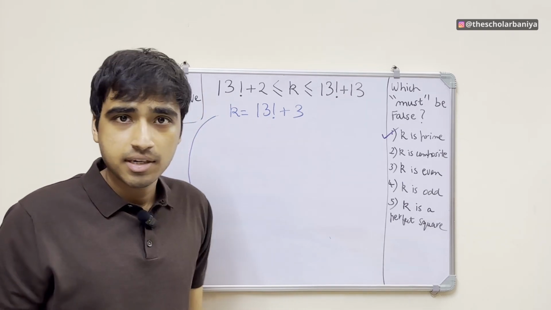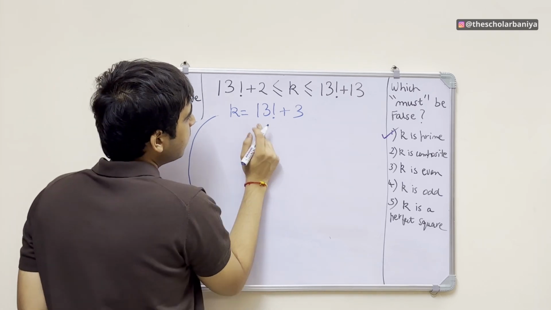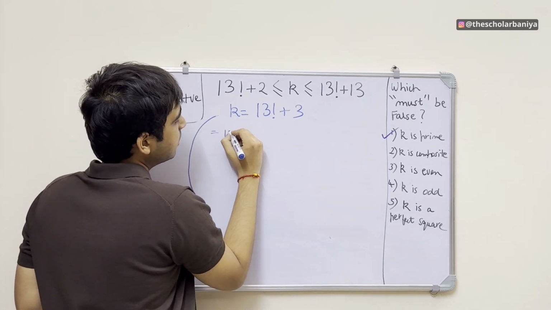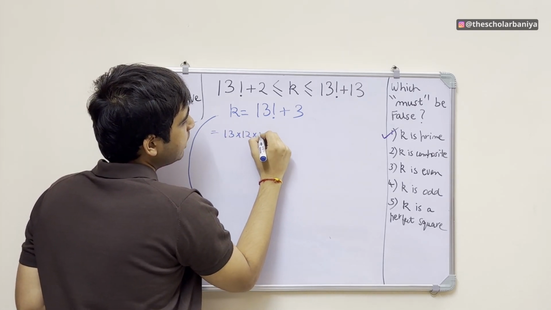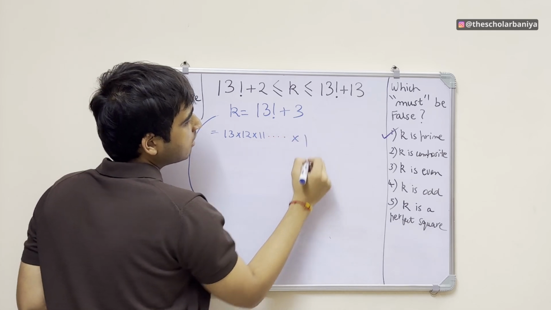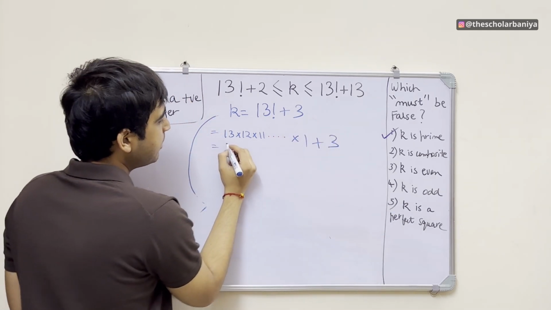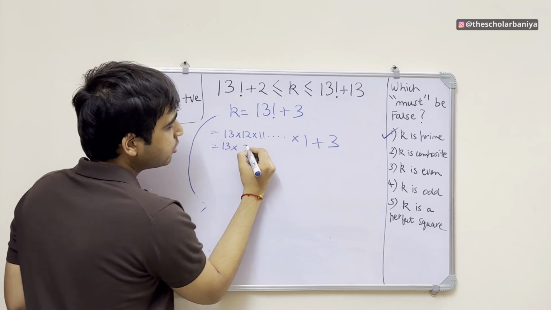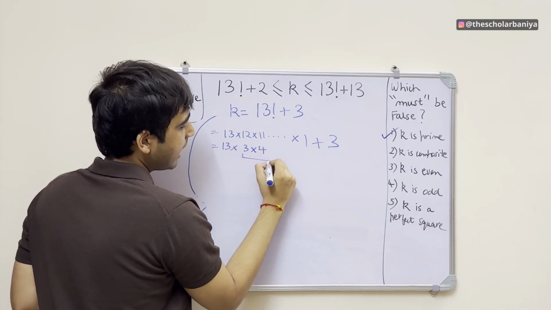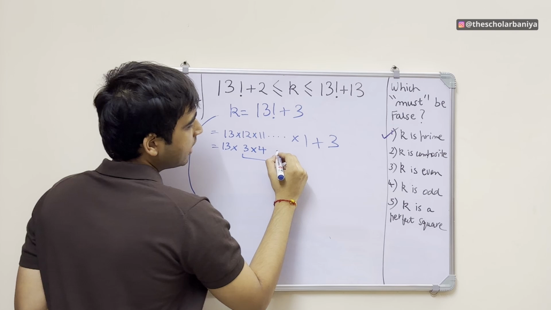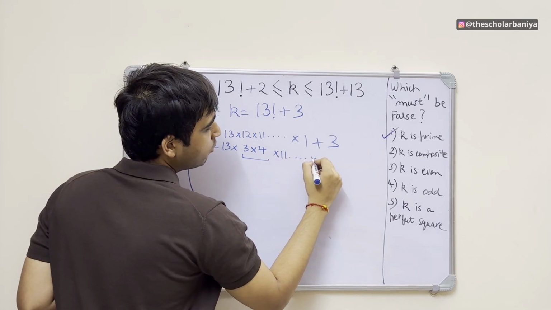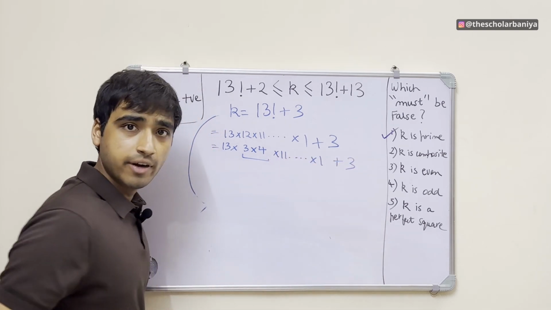So this is the next number in the sequence. Now this can be written as 13 into 12 into 11 up to 1 plus 3. Now I can break 12 into 3 into 4, into 11 up till 1, plus 3.